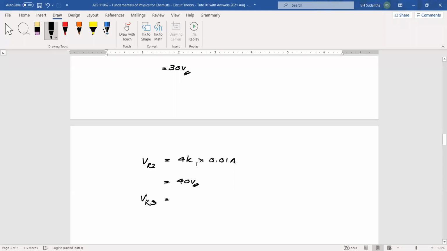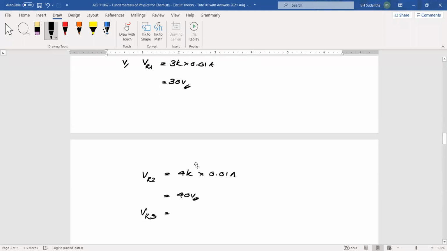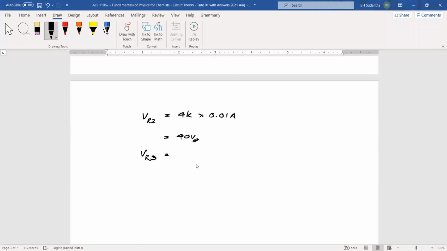VR3, 1K into 0.01, 10 volts. Then VR, resistance is 5K. 5K into 0.01 ampere. 50 volts.